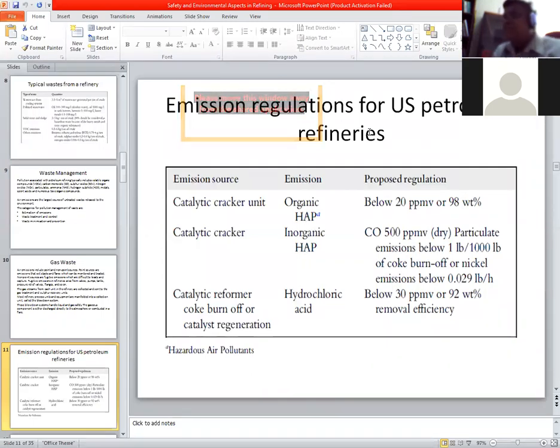As per regulations, organic hazardous pollutants should be below 20 ppmv. ppm, you know, is parts per million, and V means by volume. The maximum allowable amount of organic hazardous air pollutants should be lower than 20 parts per million by volume. If inorganic, then around 500 parts per million by volume. Hydrochloric acid, if liquid, has a maximum allowable of 30 ppmv.